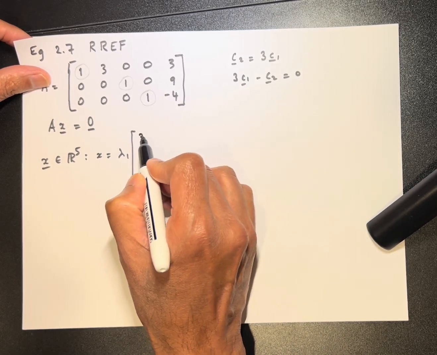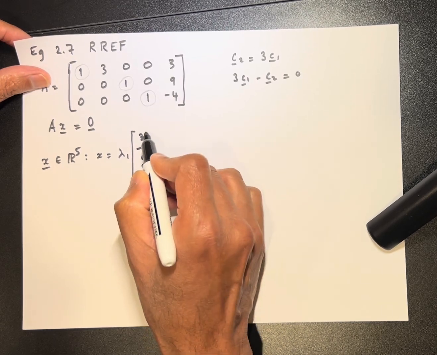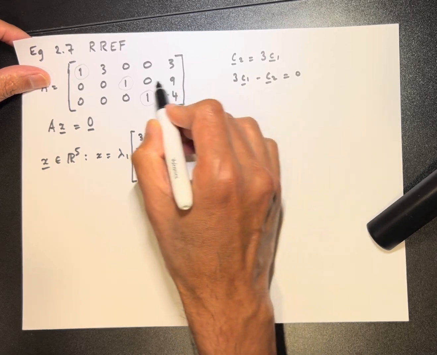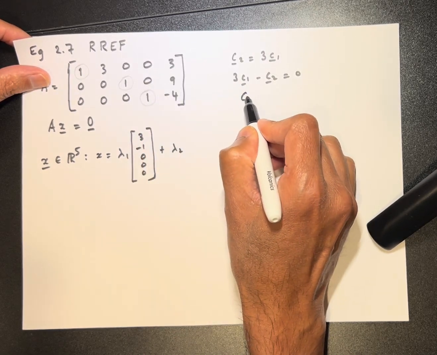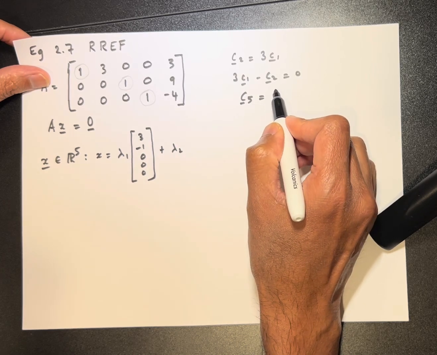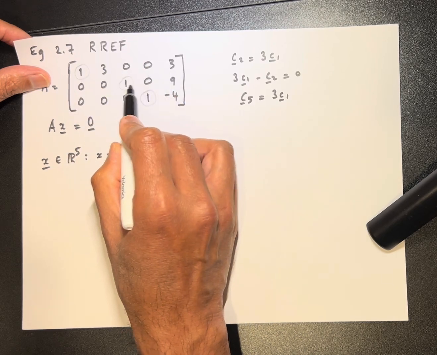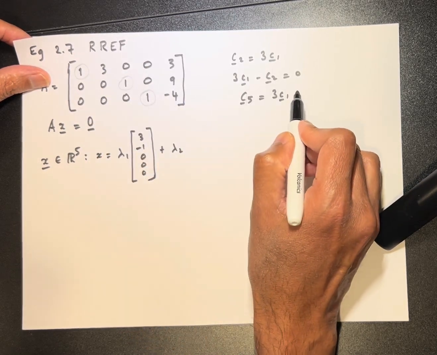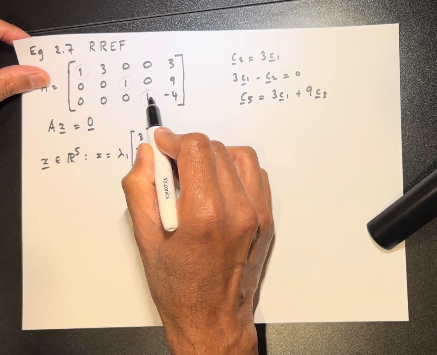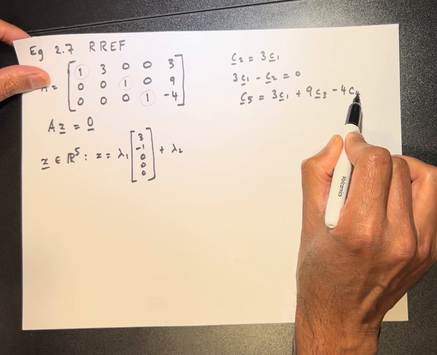So we can simply write it as 3 minus 1 0 0 0. Plus, what about lambda 2? We take this fifth column, C5, and write it like this: C5 equals 3 times C1 for the 3, and then this 9 is plus 9 times C3, and this guy is minus 4 times C4.